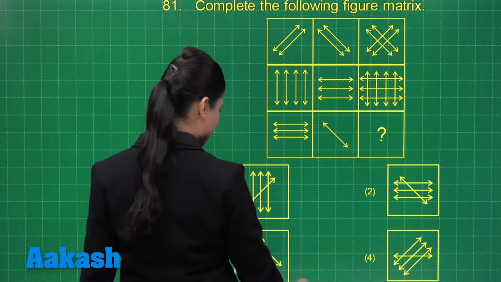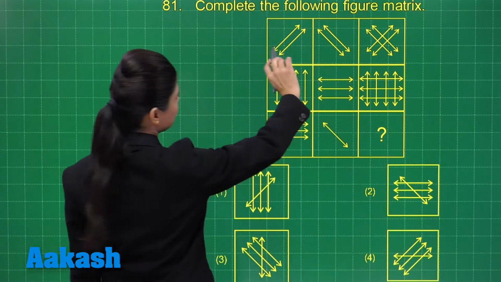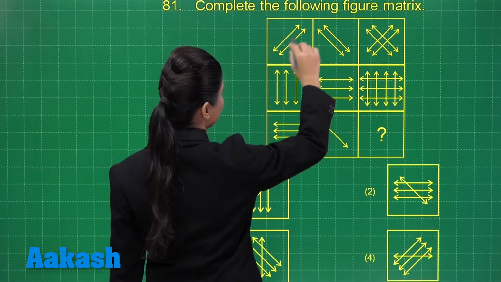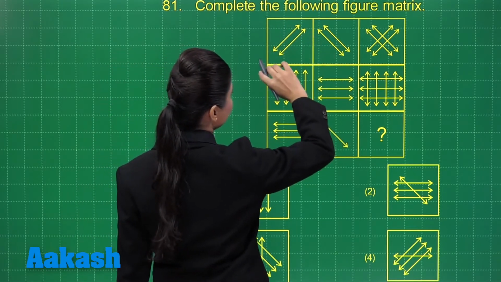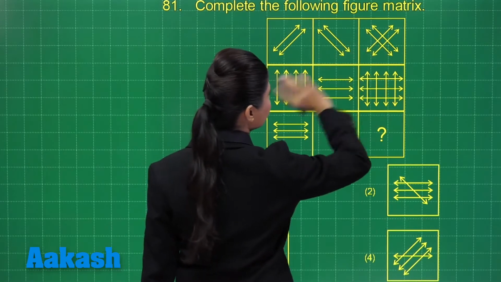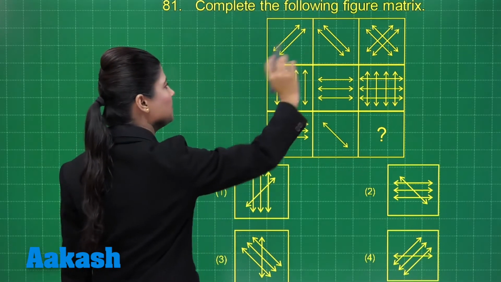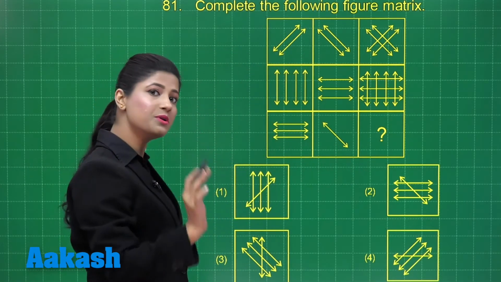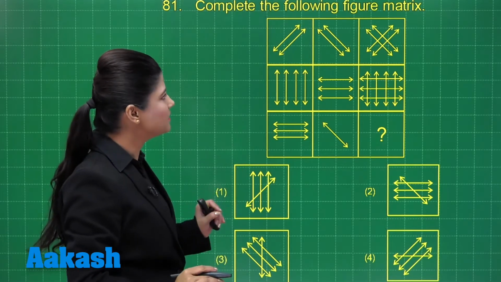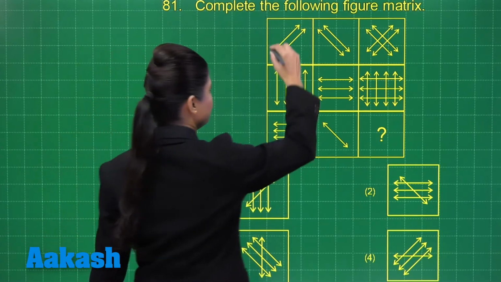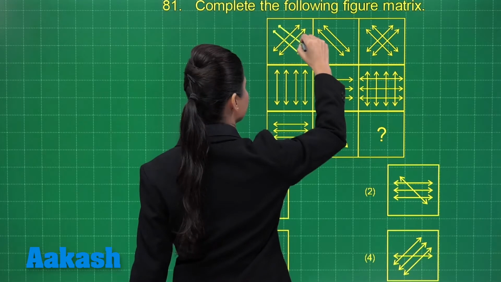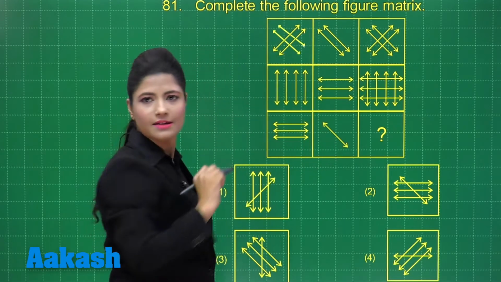These images are going row-wise. On observing the patterns in these rows, I find that if the images of the first 2 boxes are superimposed, then the third one will be generated. Let's observe that. Here if you superimpose these 2, you can see the third one will be generated.